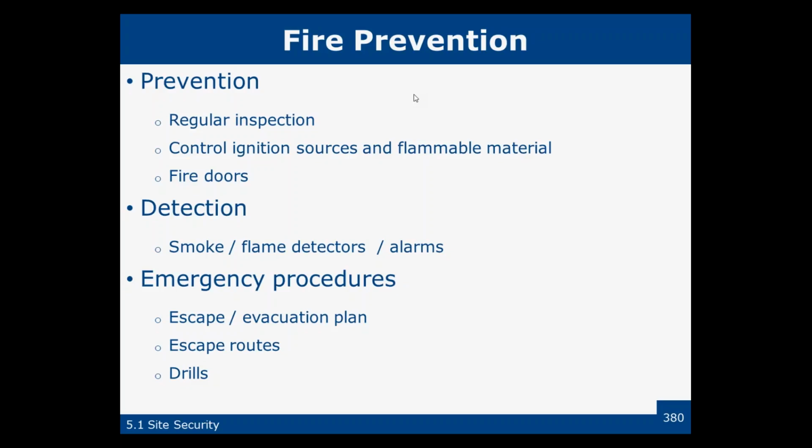We need to control the ignition sources and the flammable material, and then have fire doors. You also, well, we'll get to the emergency plans. Detection: smoke alarms, flame detectors, and the ones that are the more efficient, the flame detectors, they're going to be more expensive.